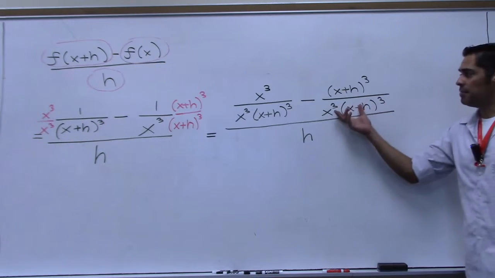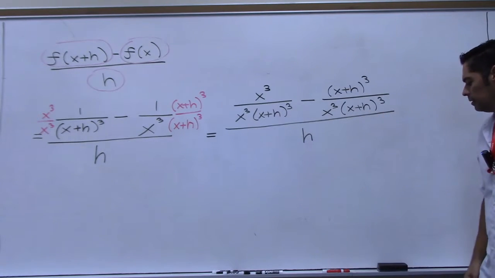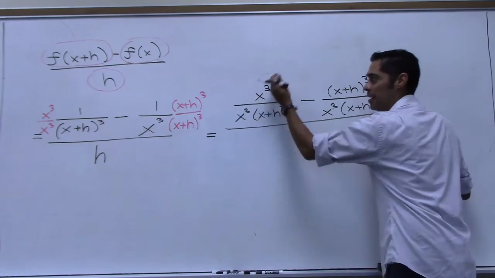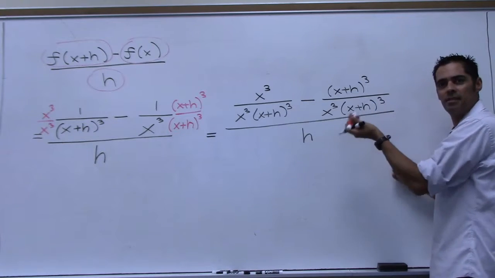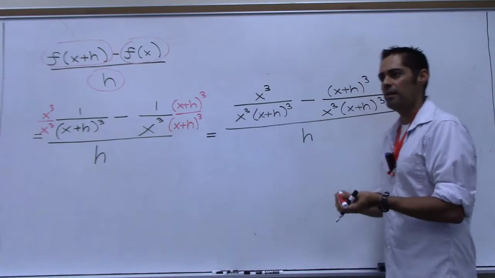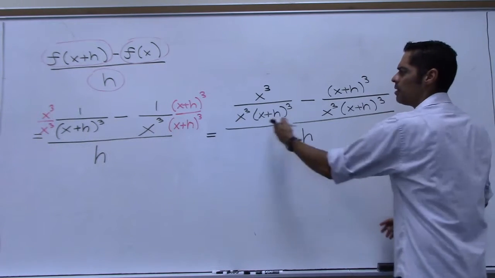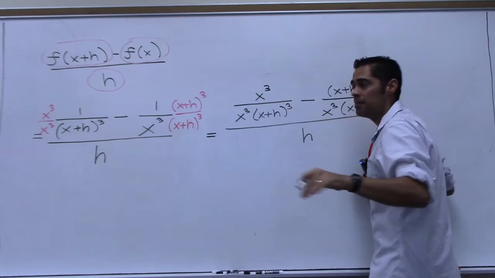Now that these have the same denominators, I can put them together. And that was the whole purpose, right? Don't come in here and cancel the x cubes, because you'll be right back where you started. You'll undo what you just did. So put them together now. I'm going to go up, because I know the camera kind of gets in the way of things.